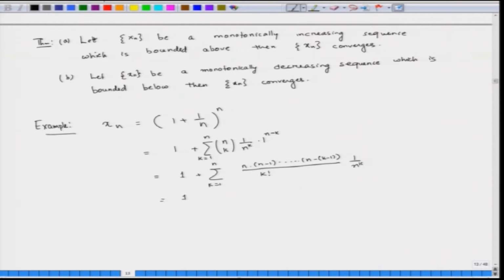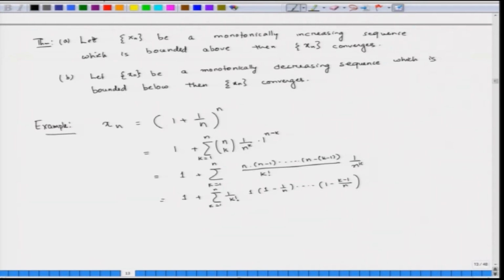This is equal to 1 plus the summation over k from 1 to n of 1 by k factorial, and now, in the numerator there are k terms. If we divide by n in each term, we get 1 into (1 minus 1 by n), up to (1 minus (k minus 1) by n).